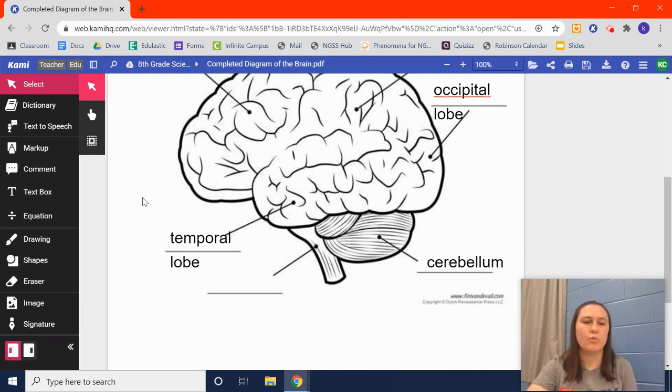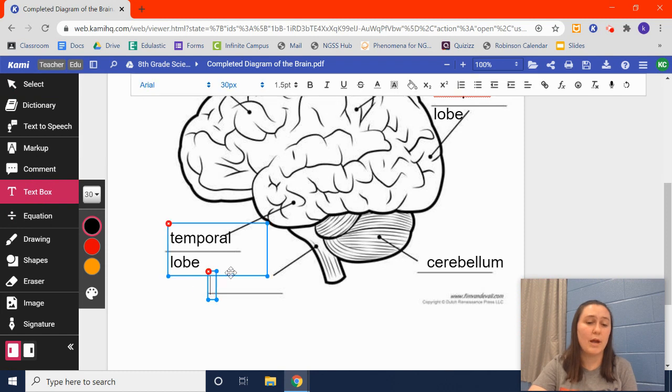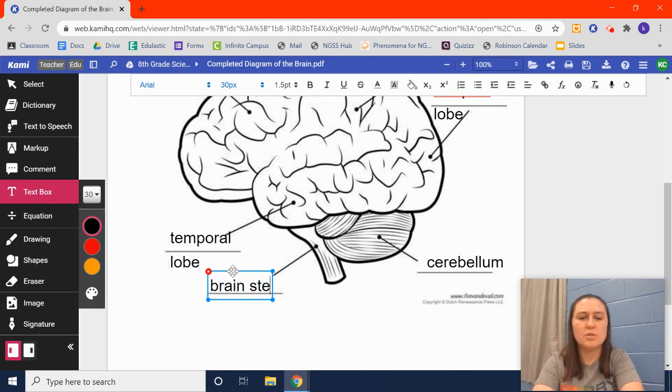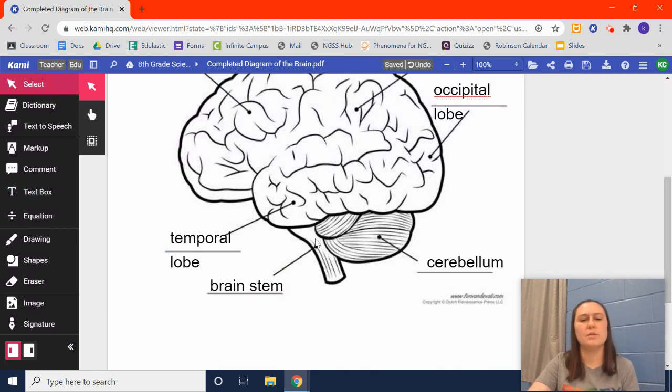And then this part is not really part of the brain necessarily, but it connects the brain with something really important, the spinal cord. It's called the brain stem. So it's sort of like the end of the brain. If you look at a really good model of the inside of your body, which you can Google when we get finished if you want to, you would see that this goes seamlessly with the spinal cord.